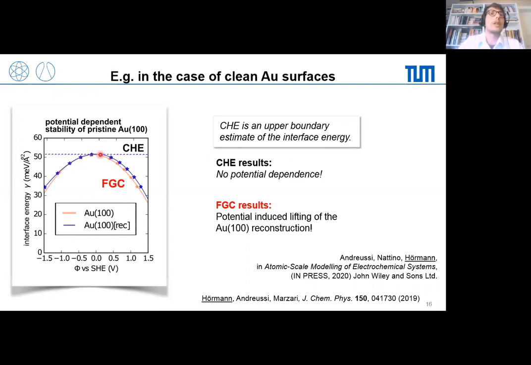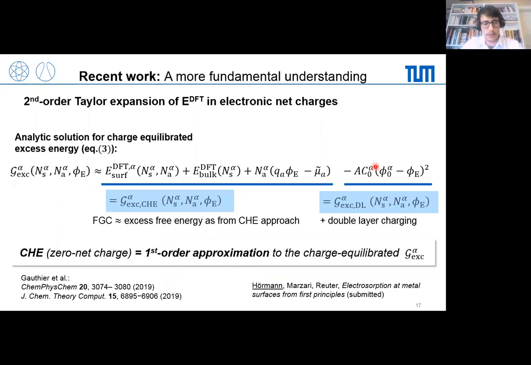But in solution, when you apply positive potentials, you can lift this reconstruction. This is exactly what we see in these simulations: the blue reconstructed surface energy, or interface energy, becomes less stable than the unreconstructed surface at positive potentials. So I think that is a first interesting insight.